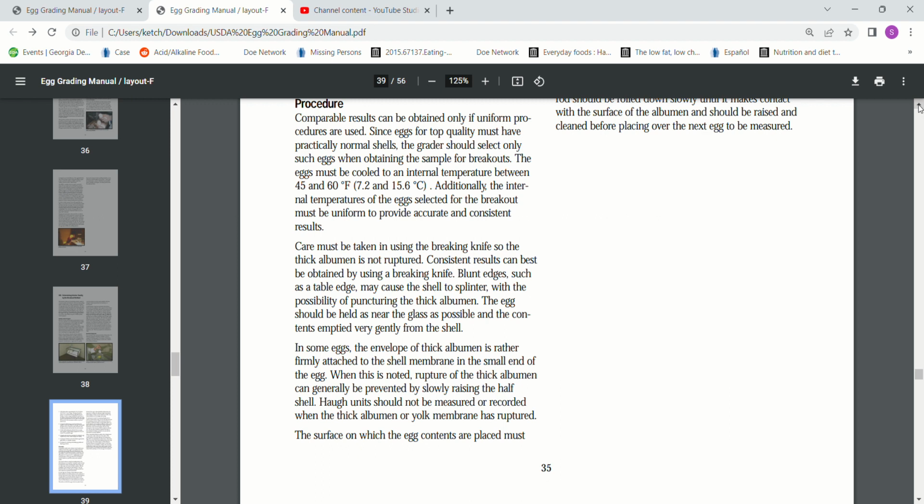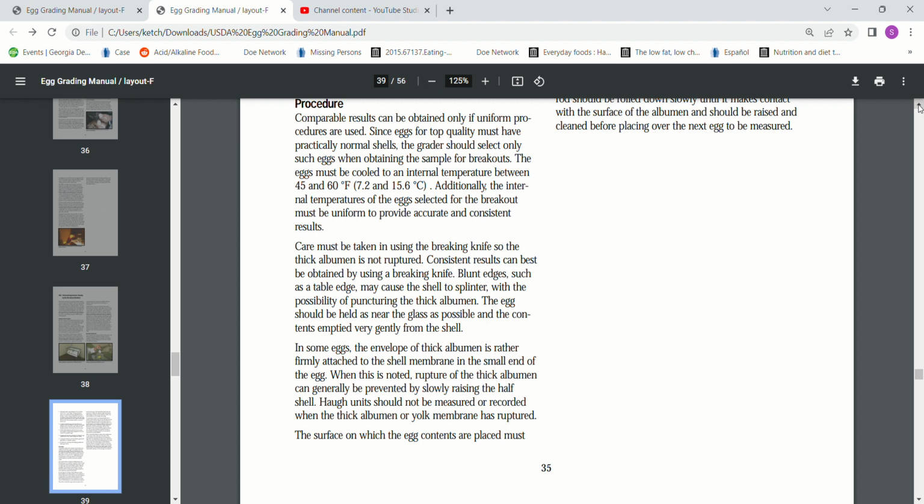Blunt edges, such as a table edge, may cause the shell to splinter and the possibility of puncturing the thick albumen. The egg should be held as near the glass as possible and the contents emptied very gently from the shell.